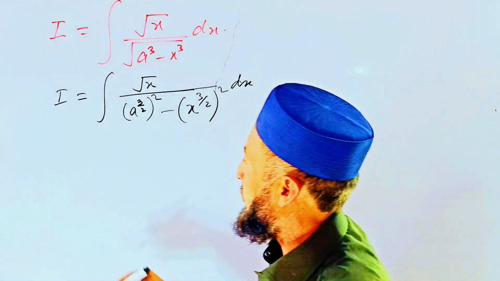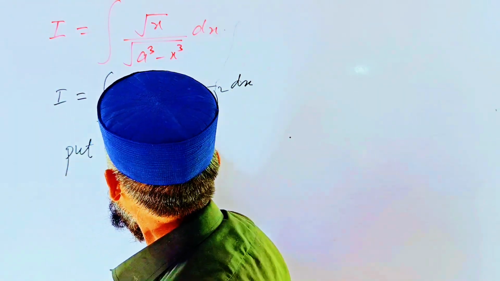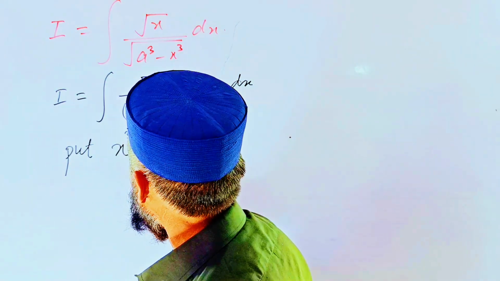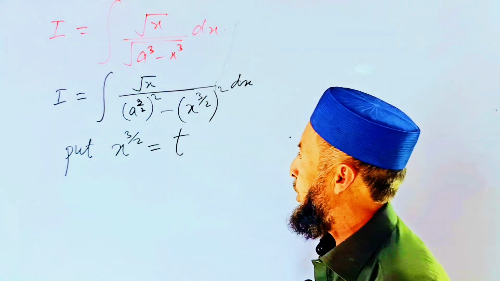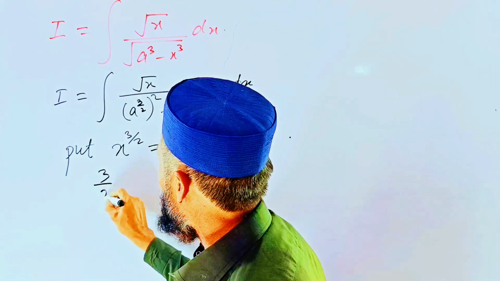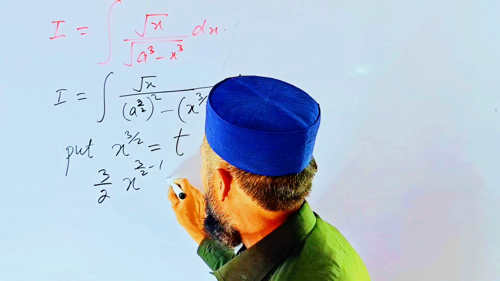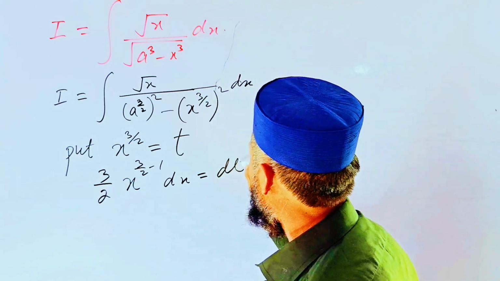Now we take the supposition using substitution, put x^(3/2) is equal to t. Now differentiating with respect to x, according to the power rule, 3/2 x^(3/2 minus 1) dx is equal to dt.